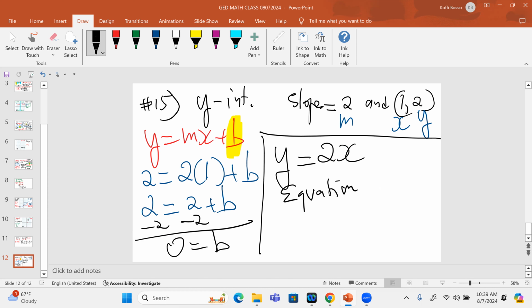Okay, one last thing we're gonna do before I end this session is we're gonna take y equals 2x and try to graph it again manually. But we're gonna use something we call a table of values.